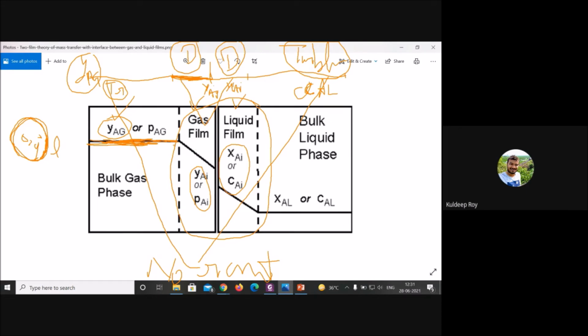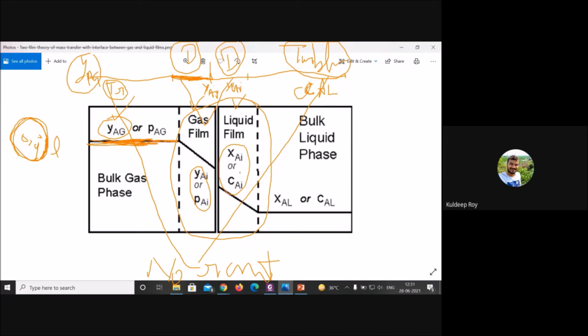So according to this theory, which is called the film theory, even though the fluid is under turbulent flow, the critical amount of mass transfer happens due to diffusion. I'm repeating again, this is the very basic method to determine how the mass transfer will take place.